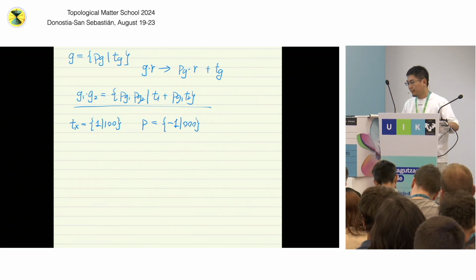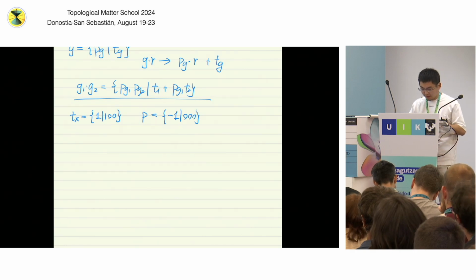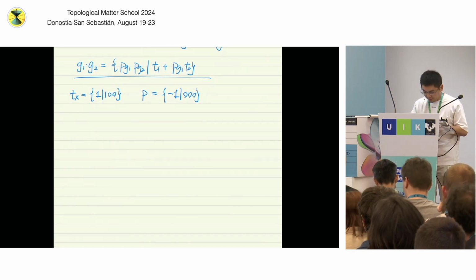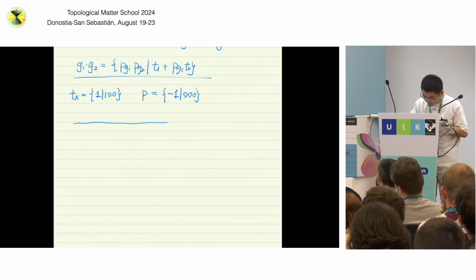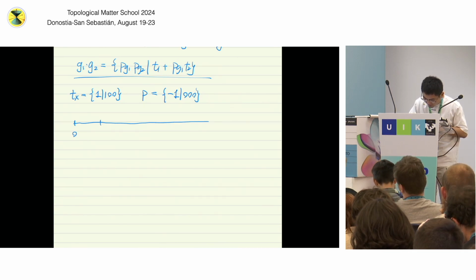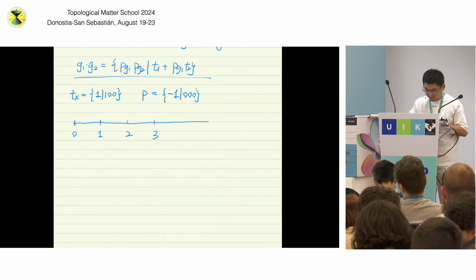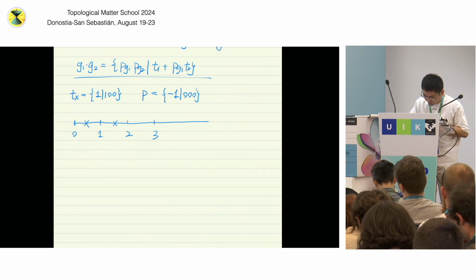Okay, so now let's consider the lattice structure in real space. We can plot the 1D lattice structure in this way. So this is 0, 1, 2, 3. And in the middle of each unit cell, we put another notation, a cross.